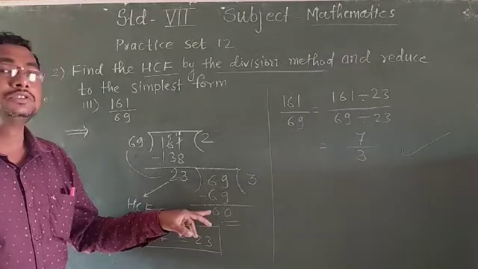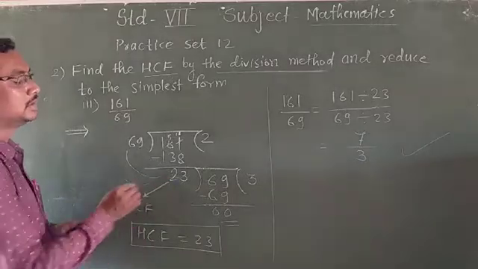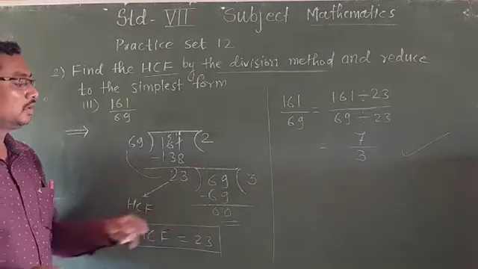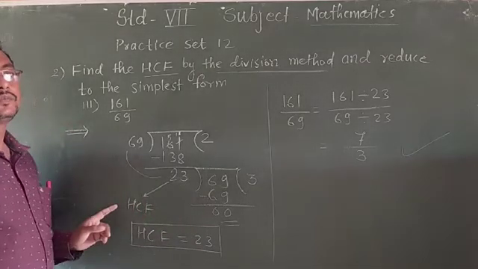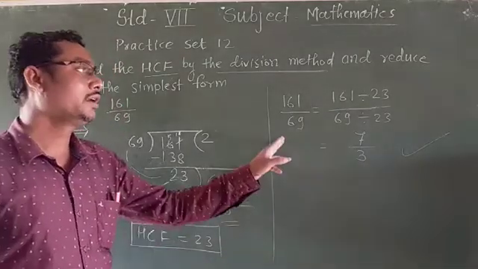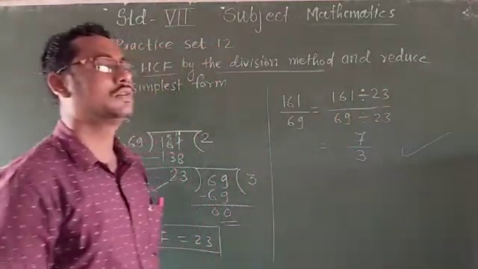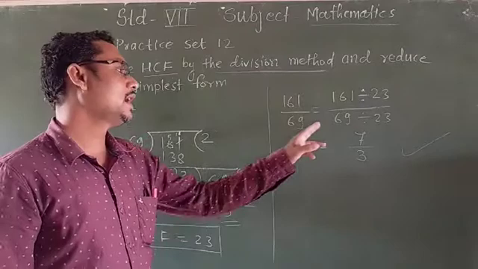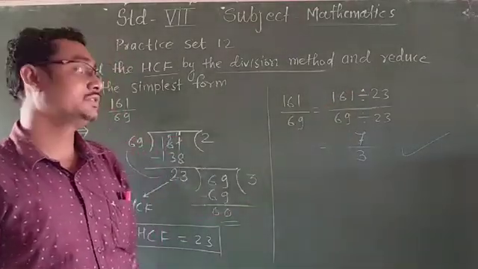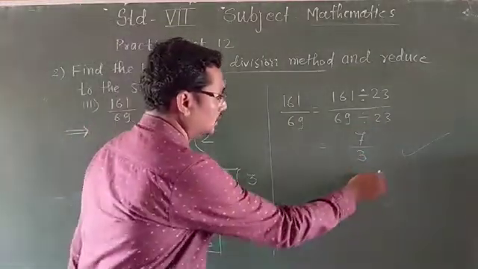So by which divisor the remainder becomes 0, that is the HCF. तर HCF 23 आलाय. मग 23 ने आपल्याला त्या नंबर्सला भाग द्यायचा आहे. Okay, 161 divided by 23 and 69 divided by 23. So what we get, 23 7 are 161 and 23 3 are 69. So this is the simplest form.